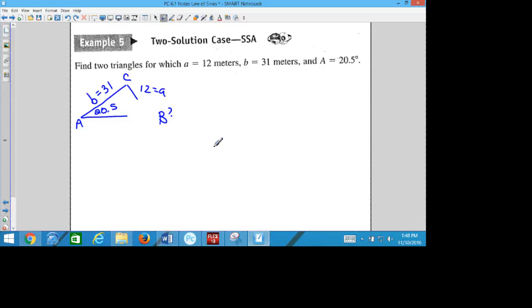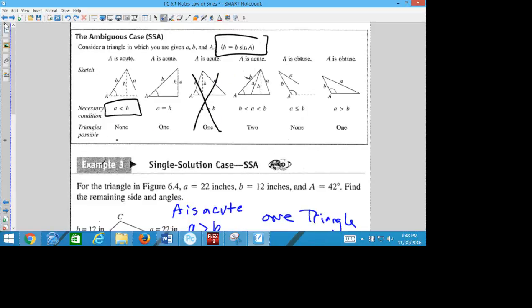So how does A compare to B? A is less than B. All right? So we go to our chart. And angle A is acute. Angle A is acute and A is less than B. So I know it's not this one. So what do we need to find?